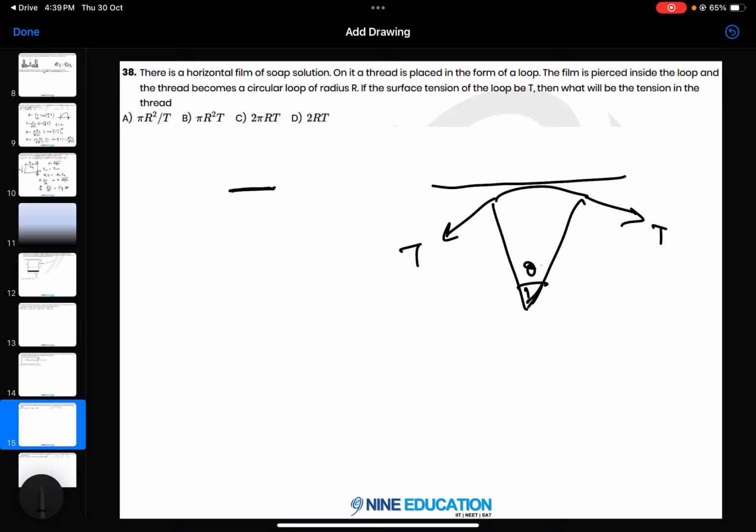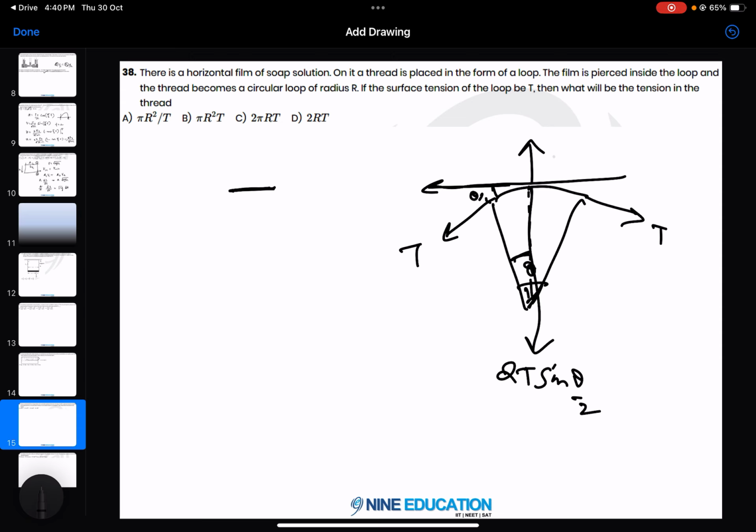Now let's say this angle is theta. So dropping here, this angle will be half angle, this will also be theta by 2. Taking components, this will be T cos theta by 2, T cos theta by 2, which will get cancelled, which will leave us in the vertical with 2T sin theta by 2.